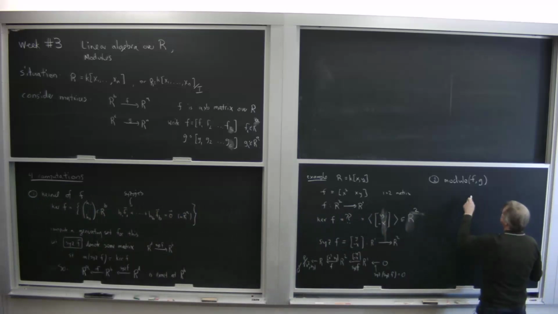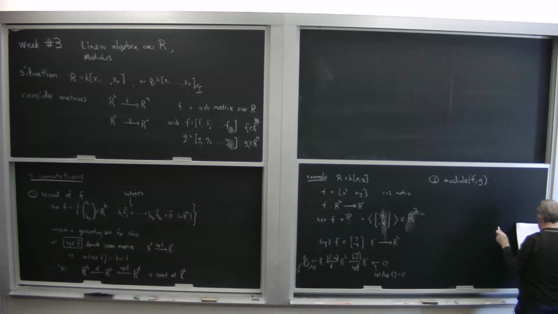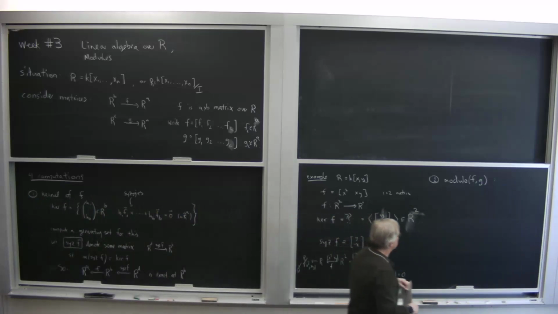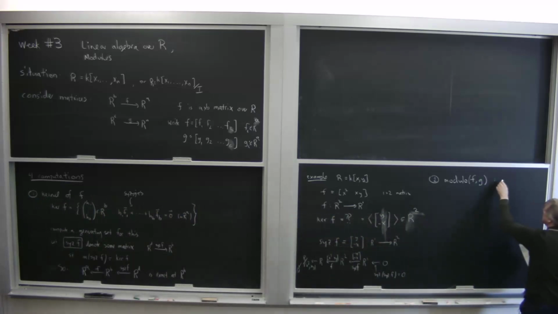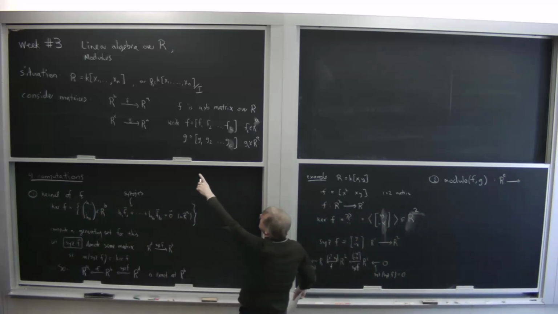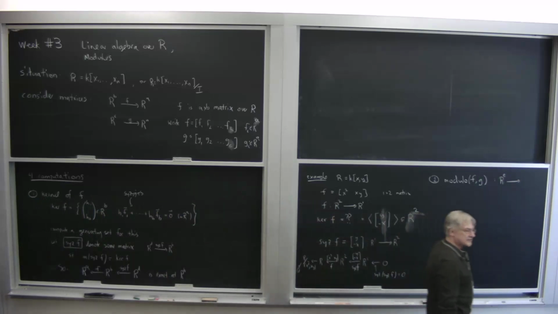And this is going to be a map from some space. I shouldn't use the same D over here because it's not that, but it's going to be from some free module of say E now, mapping to R to the A. Remember, F and G are what we have up here. F and G are both going to R to the A, but their sources are different.